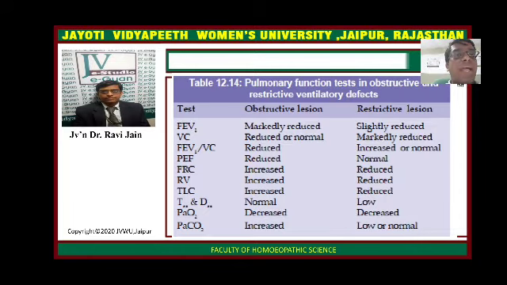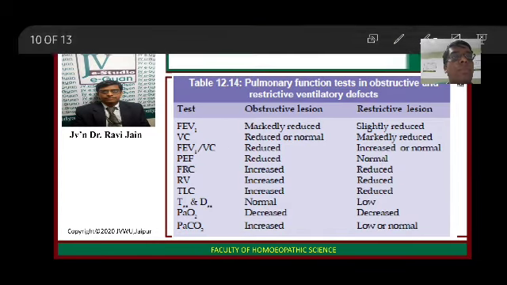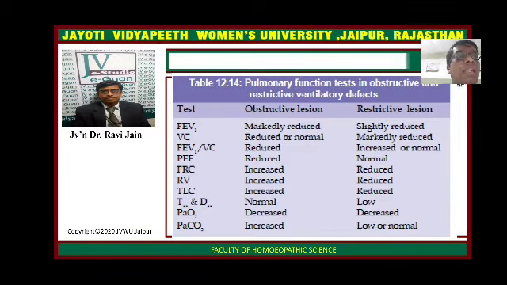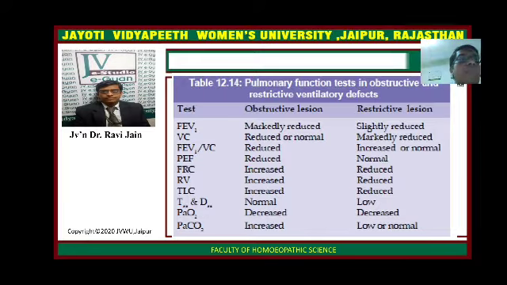The vital capacity in case of obstructive lesion is reduced or may be normal, but the vital capacity in case of restrictive lesions is markedly reduced. The FEV1 divided by vital capacity is reduced in case of obstructive lesion, whereas it is increased or normal in case of restrictive lesion.